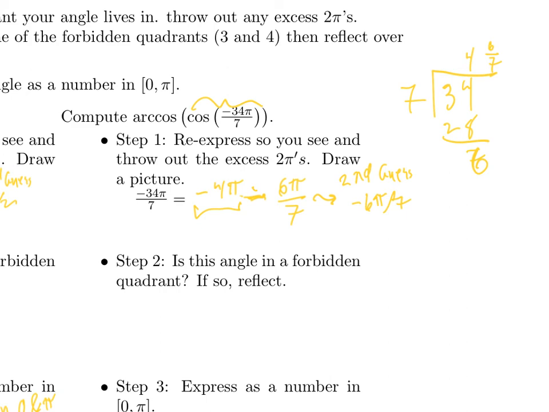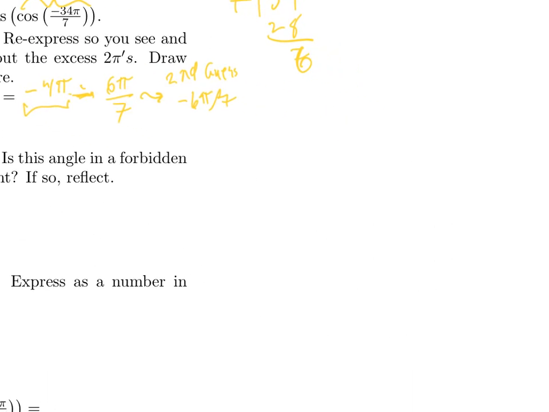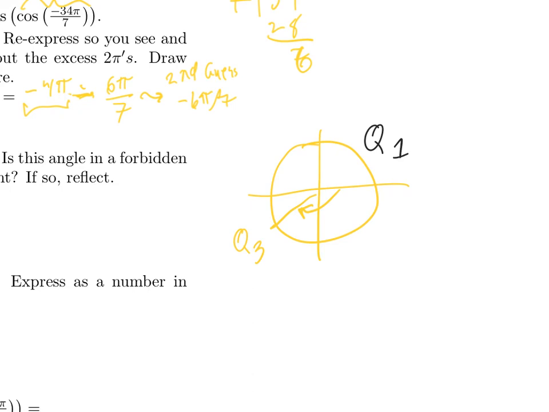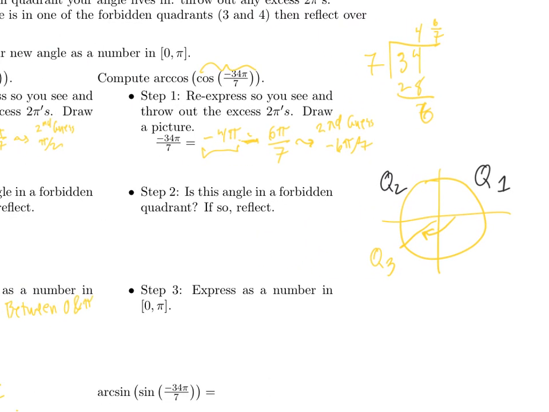So, let's draw a picture. An angle of negative 6 pi over 7, that's almost negative pi, right? So an angle like that is in quadrant 3. And remember, the acceptable outputs for inverse cosine are quadrant 1 or quadrant 2. This is not in those two quadrants.